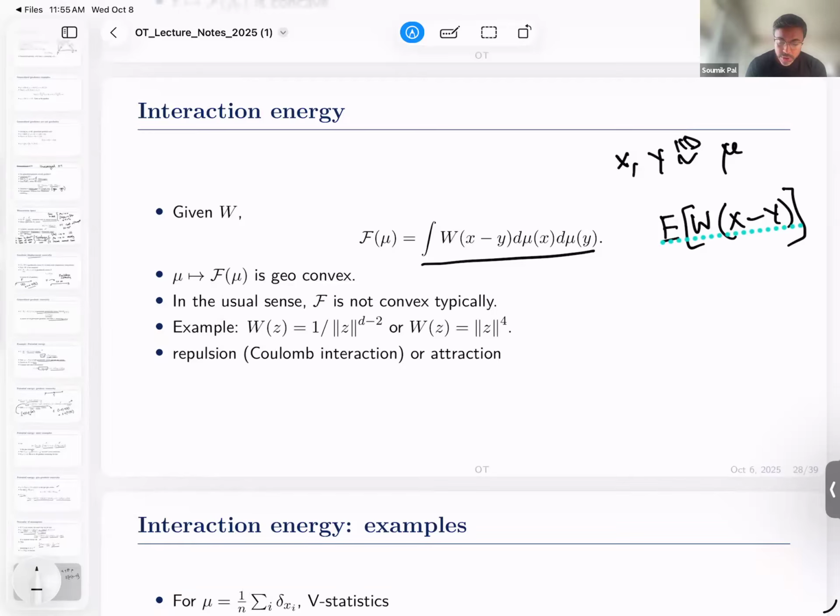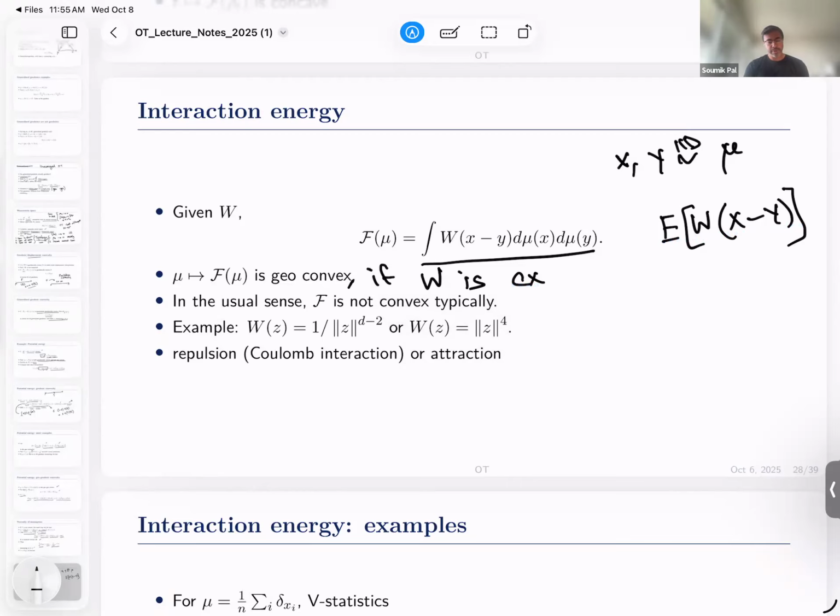So this function is sometimes called the interaction energy function. This function is geodesically convex, or also generalized geodesically convex, if the function W itself is convex. Now, where do these functions appear?